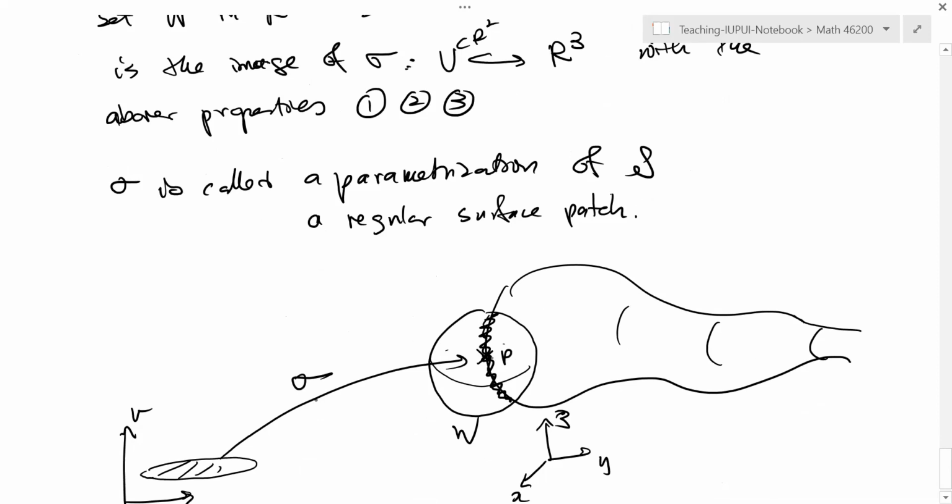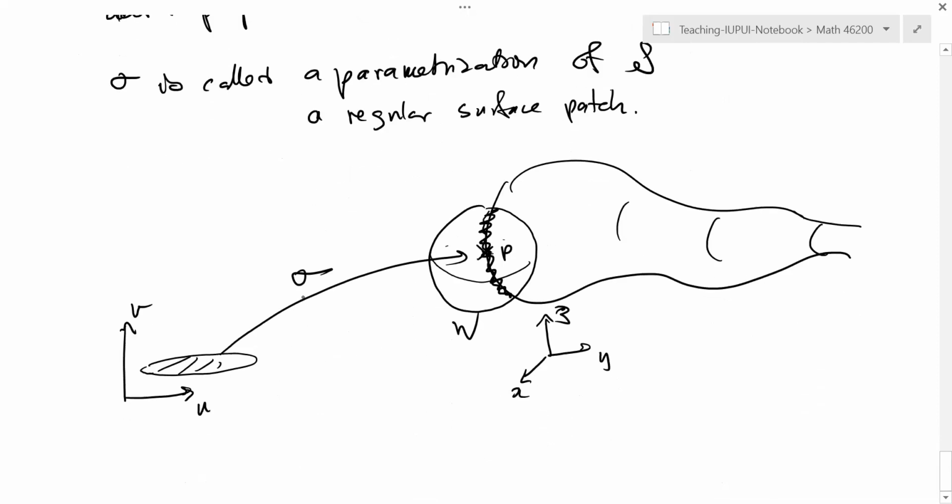Regular means it has three properties. One, sigma is 1 to 1, and smooth as a function of the variables. It is smooth and differentiable.